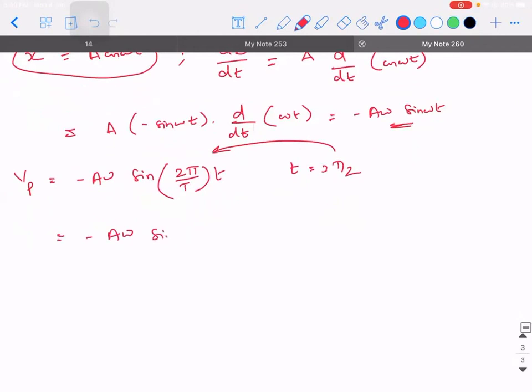Minus A omega into sin of 2 pi by capital T into 3T divided by 2. Answer? Minus A omega sin 3 pi, which is 0. It means the particle at time t equal to 3T by 2 is at momentary rest. I hope it is clear.